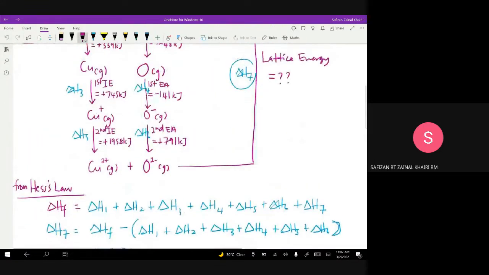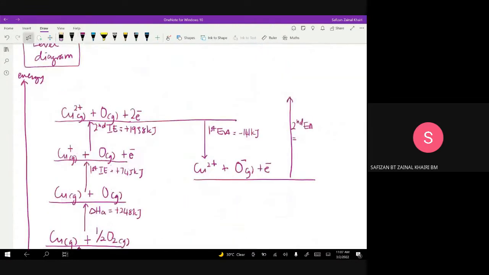Betul, second EA untuk oksigen is a positive 791 kilojoule. That's why arrow tu ke atas semula. Kali ni copper tu kekal sama. Kita dah dapat oksigen -2 ion. Jangan lupa, mesti ada fasa.